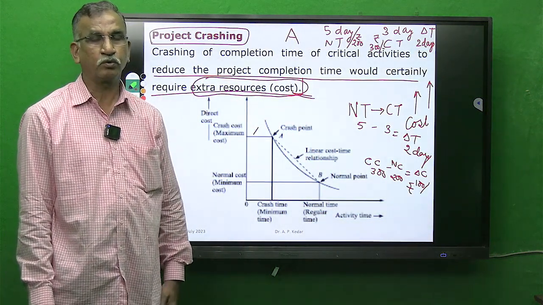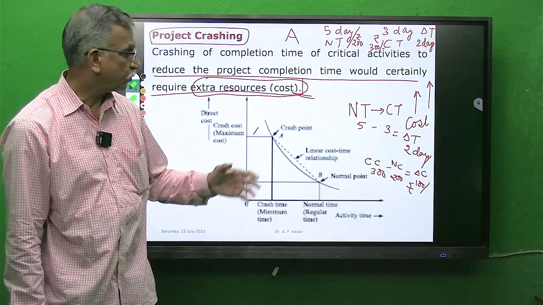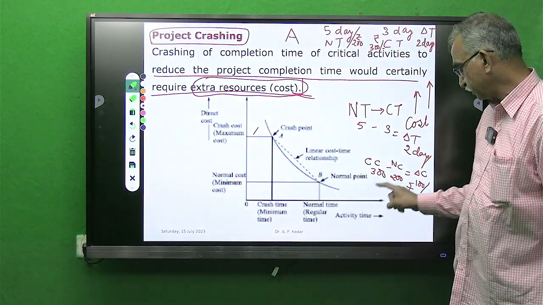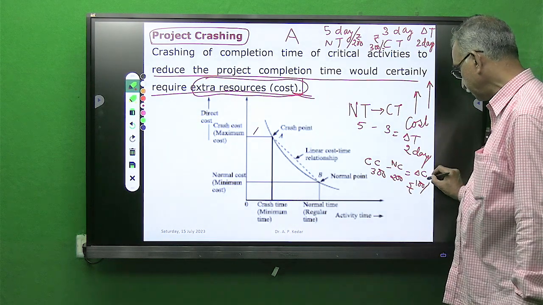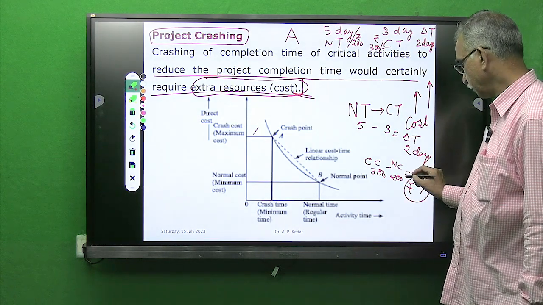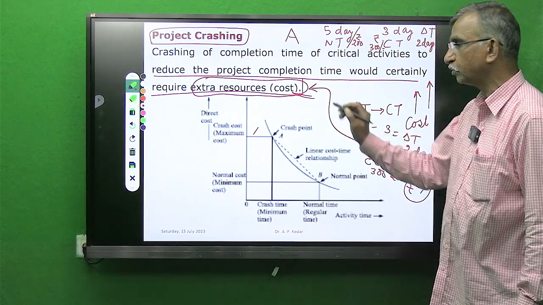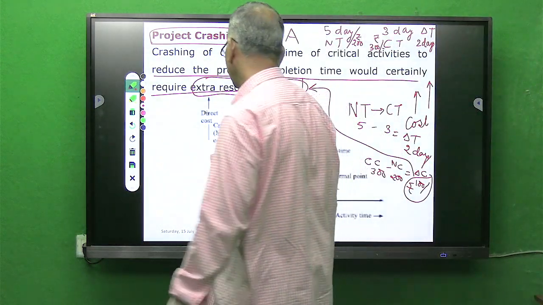How to interpret this? Suppose I am crashing this activity by 2 days, how much additional expense do I have to bear? 100 rupees. And this is what is mentioned here, that you have to bear extra cost.